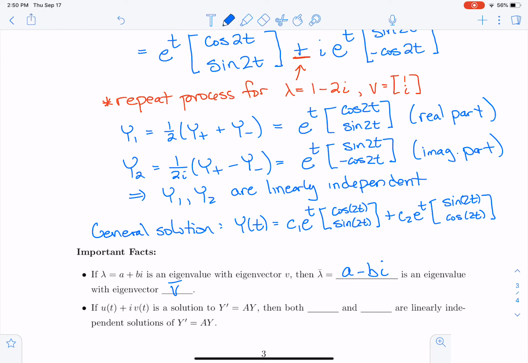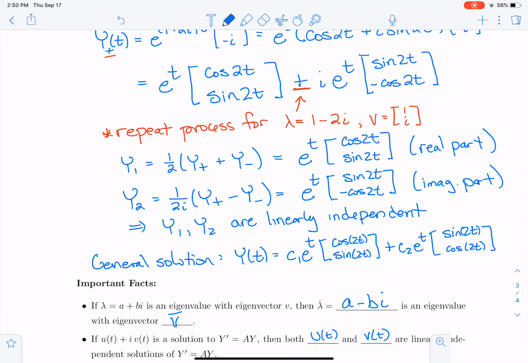The second fact that we proved is that if my solution is of the form u of t plus i v of t, then both u of t and v of t are linearly independent solutions to my differential equation. So here, my solution looked like a real part plus i times an imaginary part.